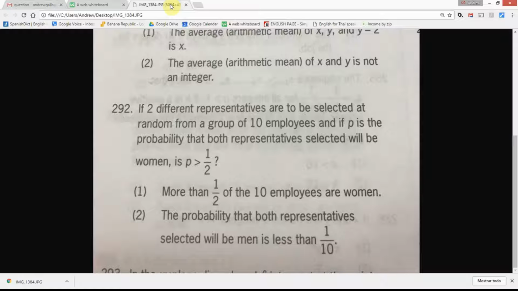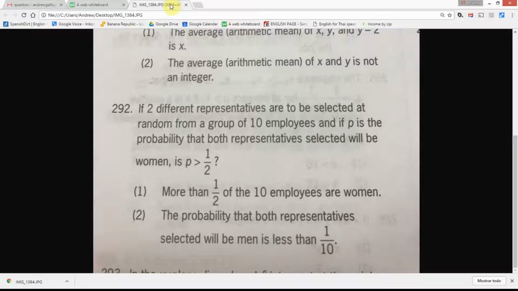This group could be entirely composed of men or entirely composed of women. It probably isn't, but it could be, because on the GMAT you always have to consider that they're asking you something which you would never get asked in everyday life. Because if the group were composed entirely of women, nobody would ask you what the probability of getting a woman was. It would be 1. It would be 100%. But anyway, you have to consider everything on the GMAT.